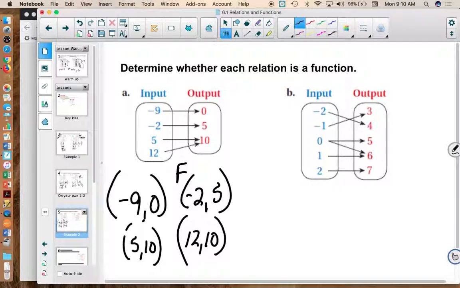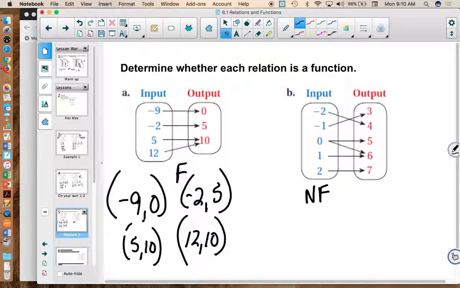Now the question is, is B a function or not a function? Ethan, I haven't heard from you, I don't think. Not a function. How do you know that, Ethan? Tell me what told you it is not a function. I don't know. Okay, let's go back to our objective.